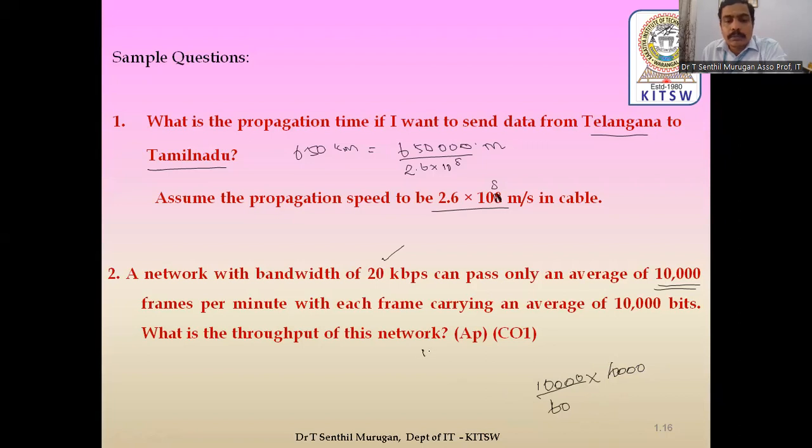What is the throughput of this network? 10,000 frames per minute means per 60 seconds, so you have to calculate 10,000 into 10,000 divided by 60. That is the throughput.